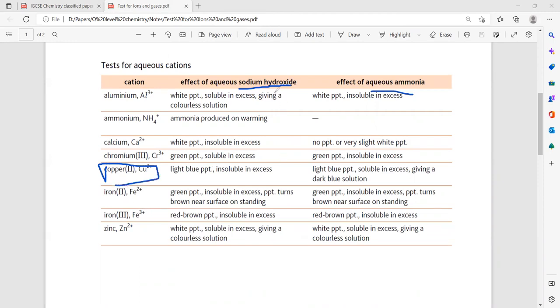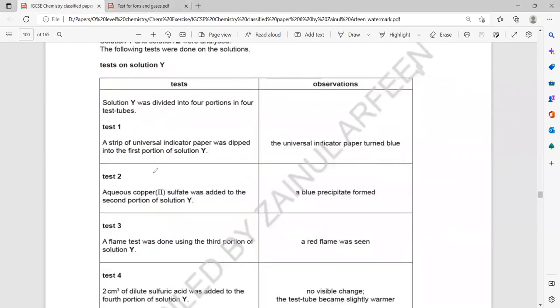Sodium hydroxide, because it's giving a blue precipitate which does not dissolve in excess. If it was aqueous ammonia, it would be a blue precipitate, but it would dissolve in excess to make a deep blue solution. So this gives an indication that solution Y might be sodium hydroxide, because if sodium hydroxide is added to copper sulfate, it will give a blue precipitate.